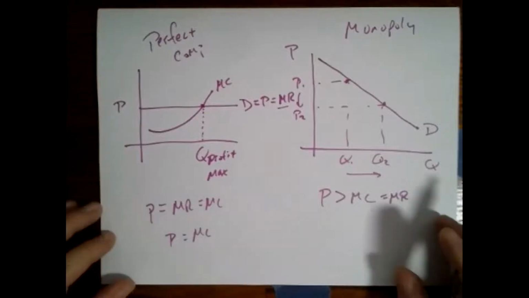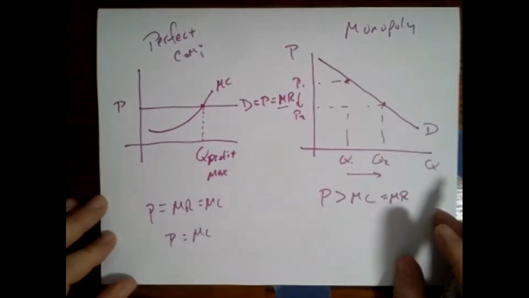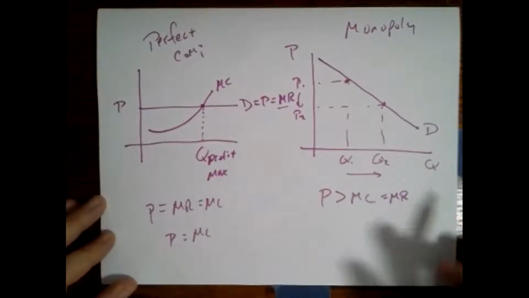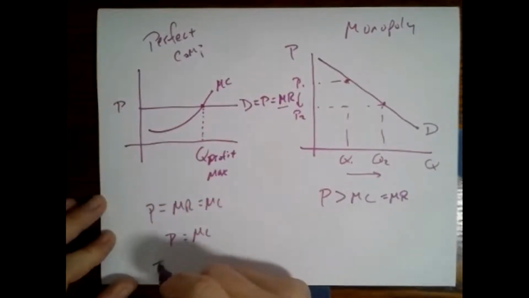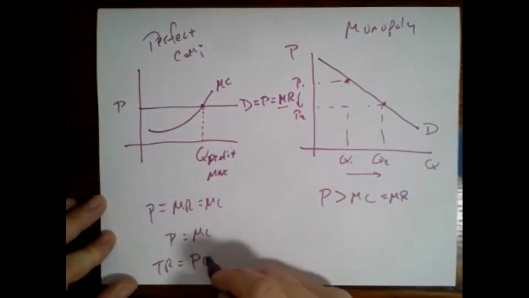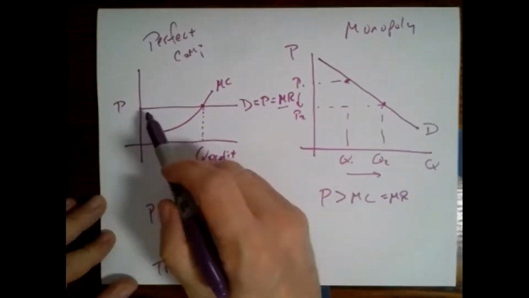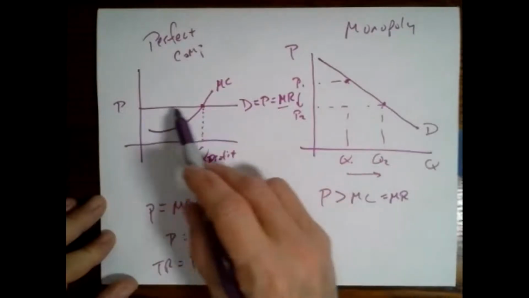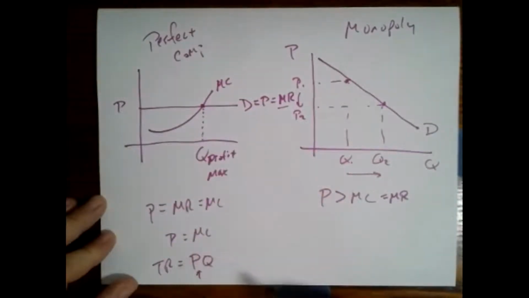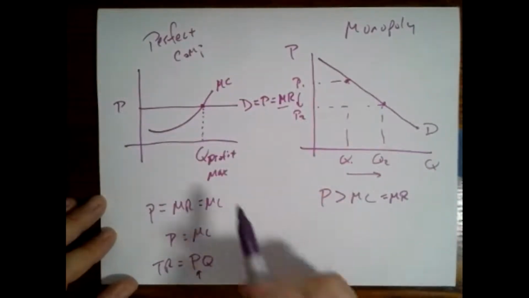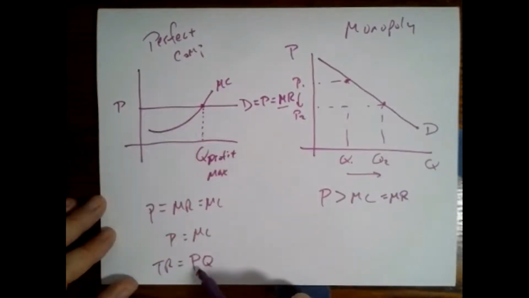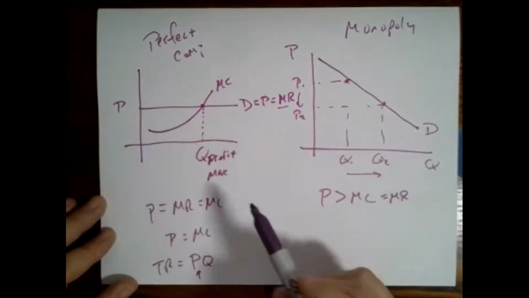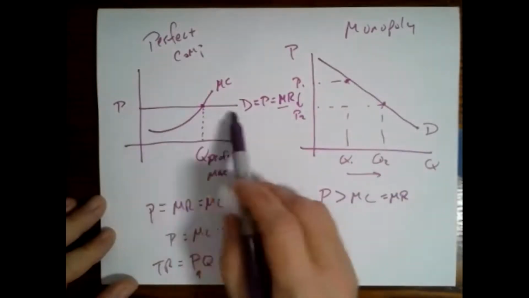Now, under perfect competition, total revenue is simply price times quantity, and price is a fixed number. So this P is always going to be some fixed number times whatever the quantity is, say 10 or 20 or 1,000, whatever that might be.